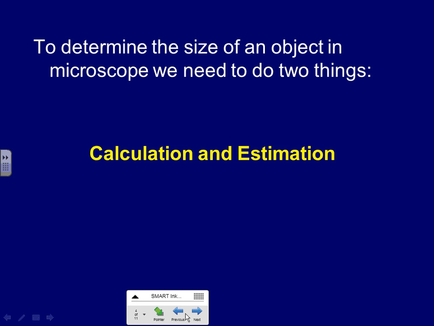If 3 specimens would fit across the field of view, all we have to do is take that diameter and divide it by 3, and we have how big that object is approximately. This is an approximation. This is not an absolute measurement. It's not a guess, but it's an approximation in that we're not measuring directly.